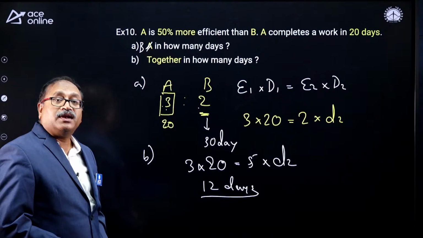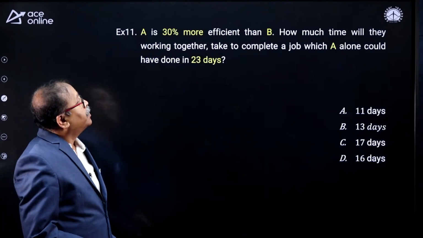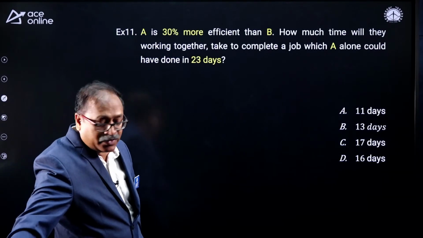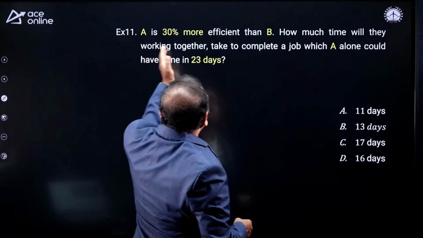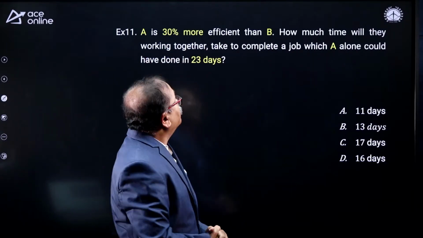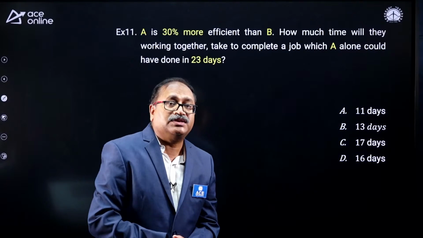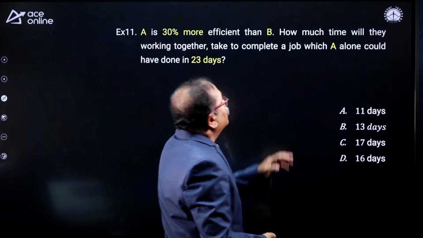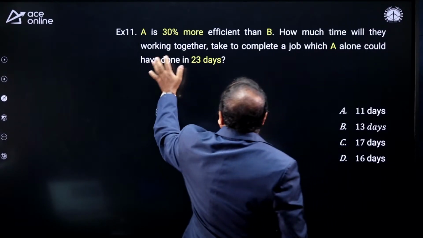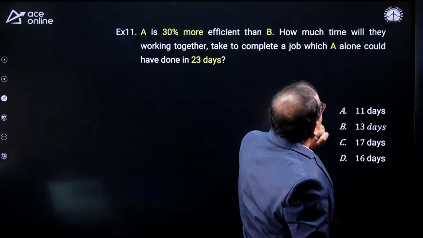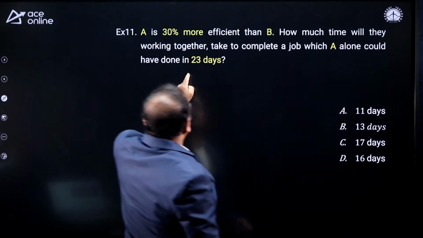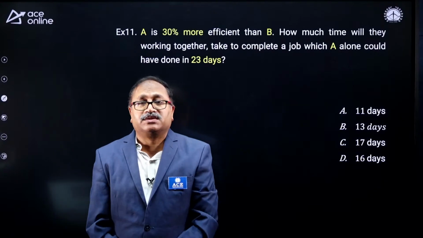So let's go to the question here. Now what is the question here? Notice that A is 30% more efficient than B. So we can get the ratio of the efficiency of A and B. Next, how much time will they working together take to complete a job which A alone can complete in 23 days?